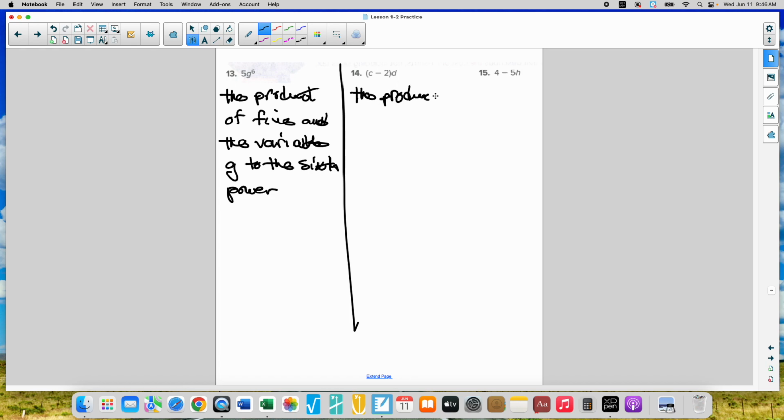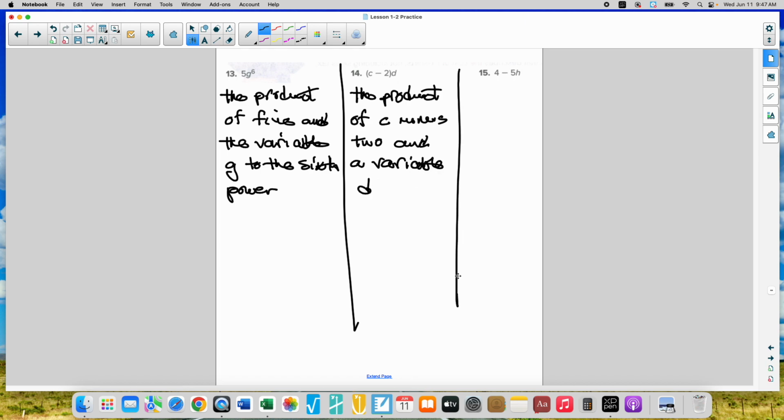I like the product. That's not a bad one. The product of, because we really set what the two products are. The product of c minus 2 and a variable d, or a quantity d. Variable D. And hopefully this is our last one.